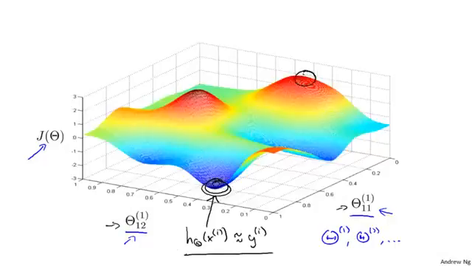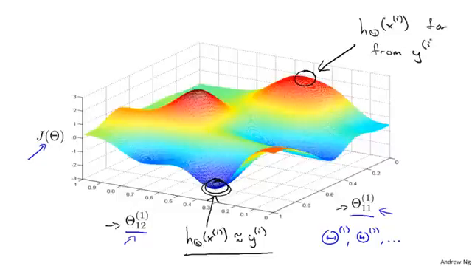Whereas in contrast, a point like that corresponds to where for many training examples, the output of my neural network is far from the actual value y i that was observed in the training set.